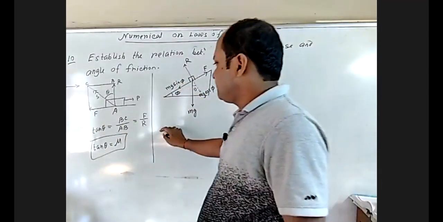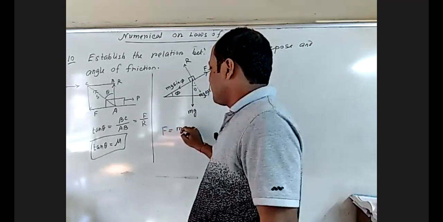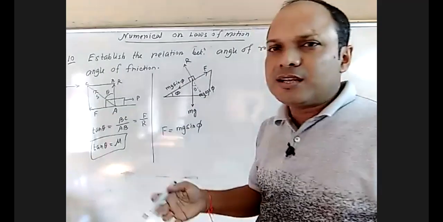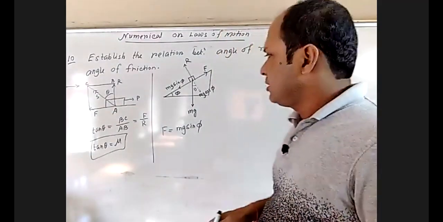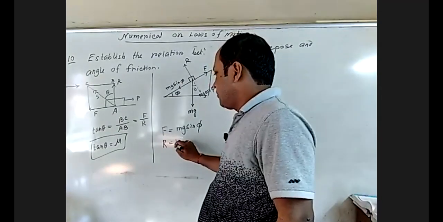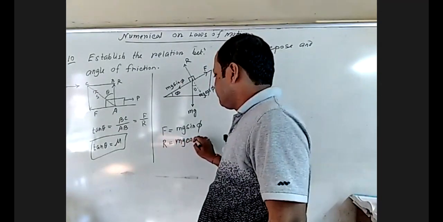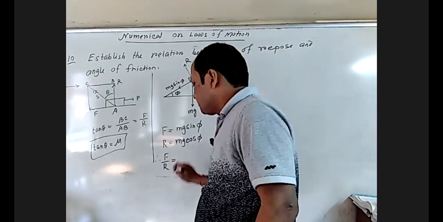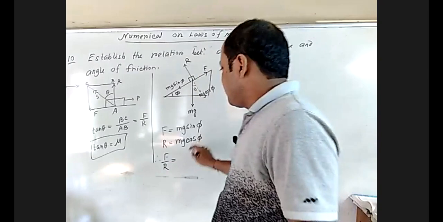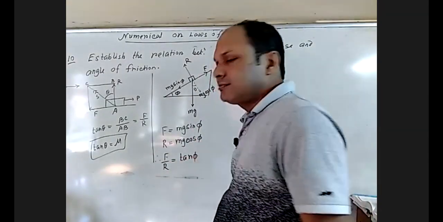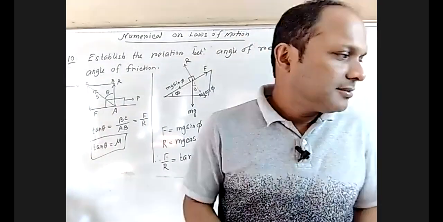F equal to mg sin phi. Another equation: R equal to mg cos phi. Very good. So F by R will be sin phi by cos phi. It will be tan phi.